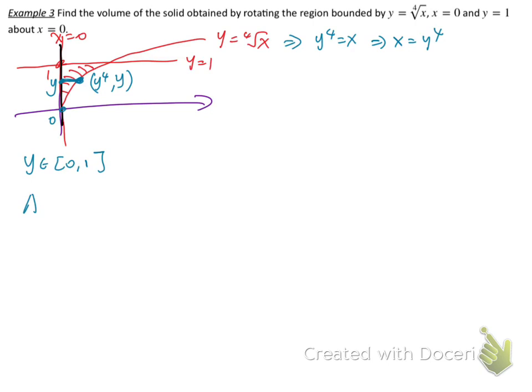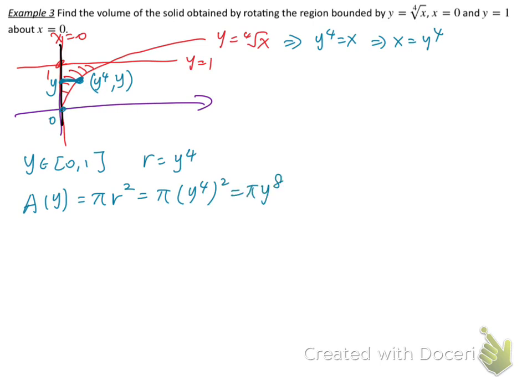So the r will just be the length, or y to the fourth power minus 0 if you want, because you are comparing the x coordinates of these 2 points that give you the radius, right? So A of y, for any y, equals pi r squared, which will be pi y to the fourth power squared. Wow, pi y to the 8th power.